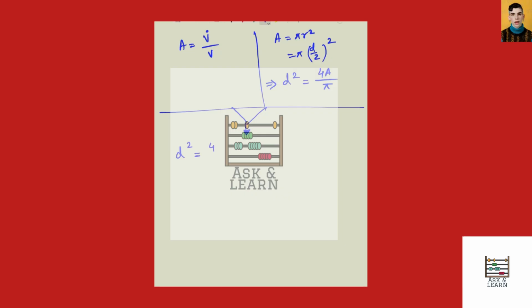D square is equal to 4 by pi multiplied by these two relations.